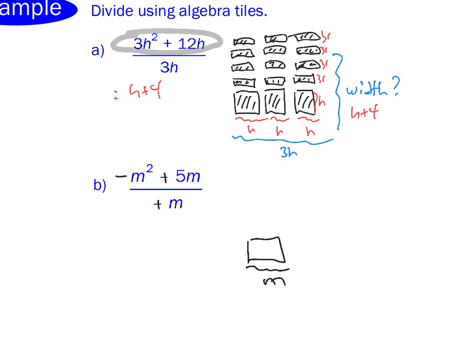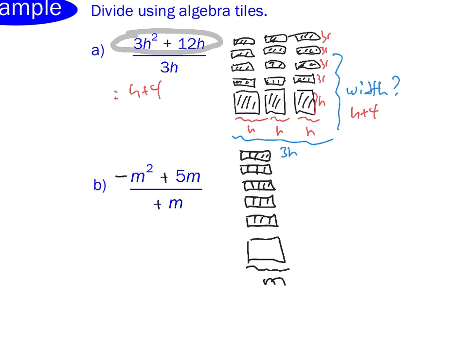Now, when we do the rest, we have positive 5m to put up here. So that's going to be just like this, like this, like this, like this, and like this. We don't have to divvy them up because there's only one big square. So they're going to go all on top of that big square.